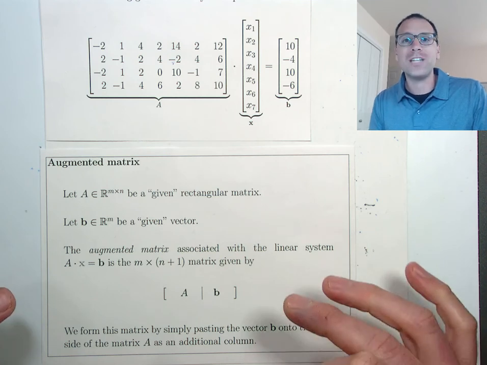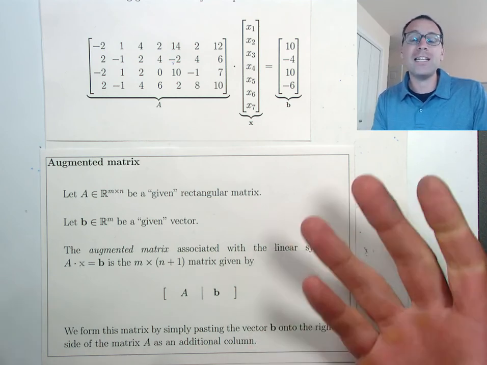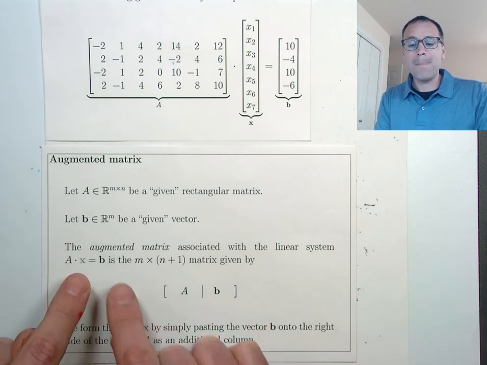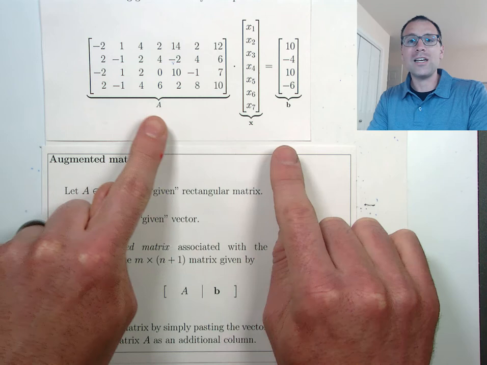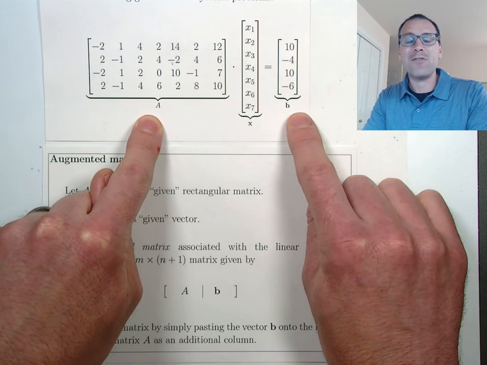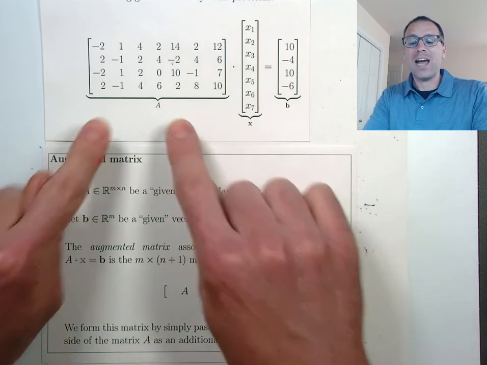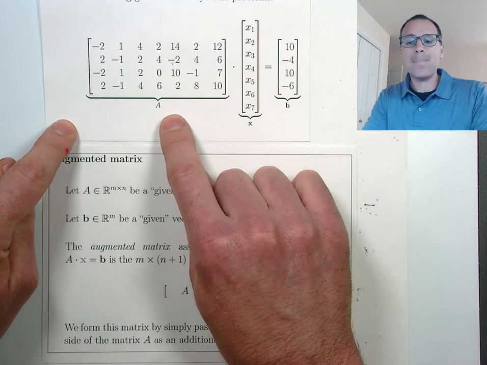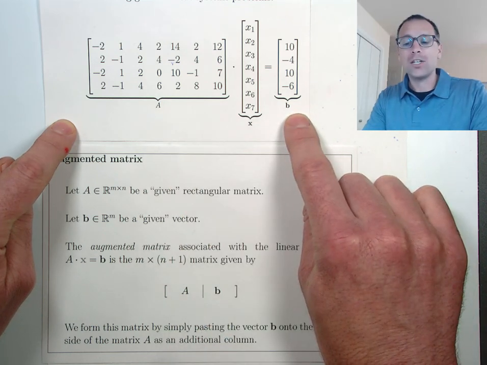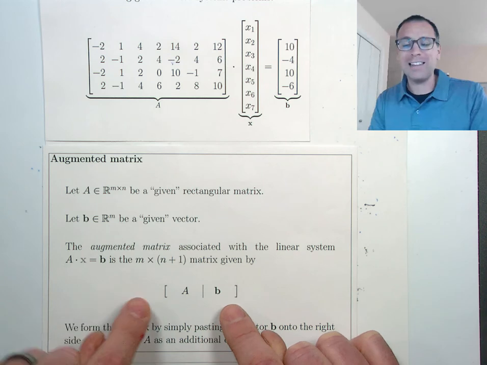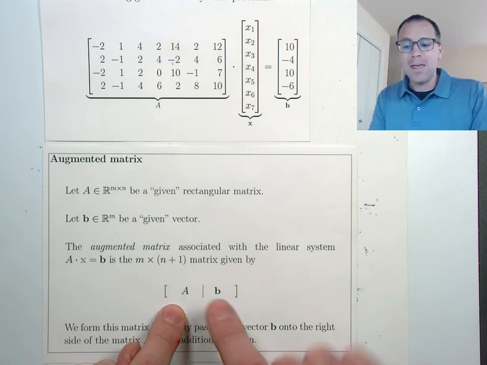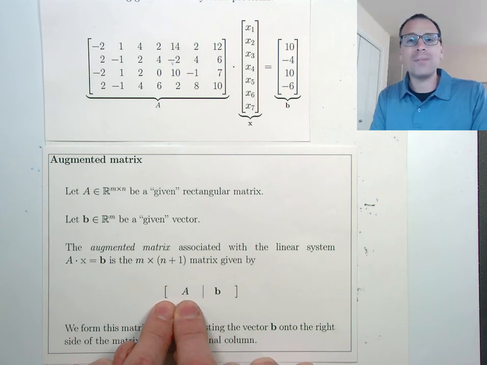An augmented matrix is a matrix formed using the left-hand side coefficient matrix A and the right-hand side vector B. If I have an M by N matrix A and an M by 1 vector B, to form the augmented matrix, I literally just glue B on the end of A. That extends the number of columns in A by 1.